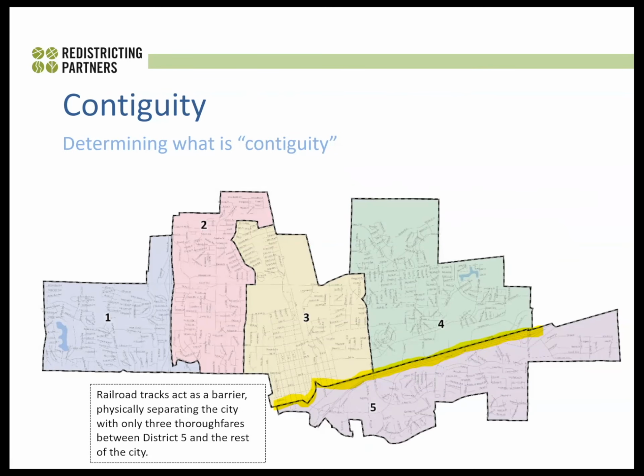However, this is an example of functional contiguity. So that highlight you see there is actually a railroad. And what it does is it splits the rest of the city. So it's actually really hard to get from one side of the city to the next because of this railroad. So we use that as a natural boundary, and it allows people to drive from one portion of that District 5 to the other without any disruption.